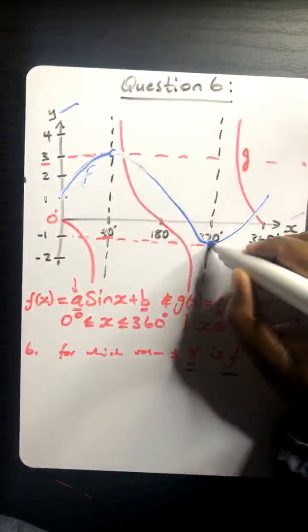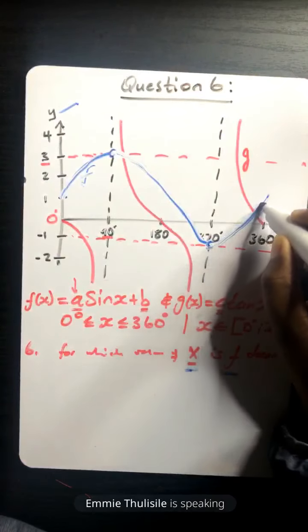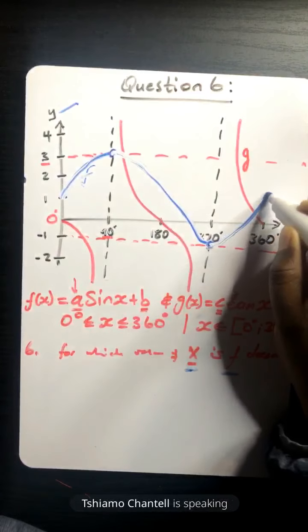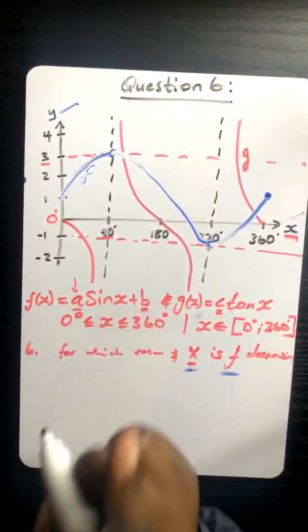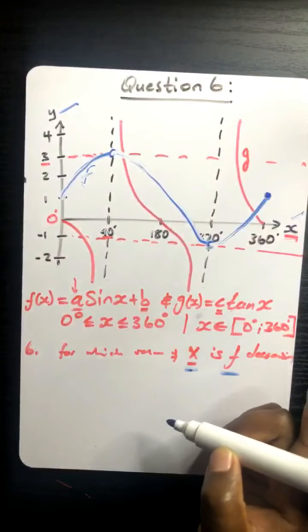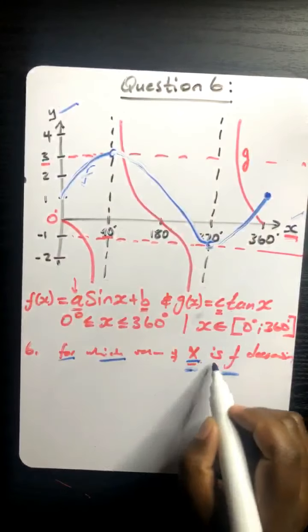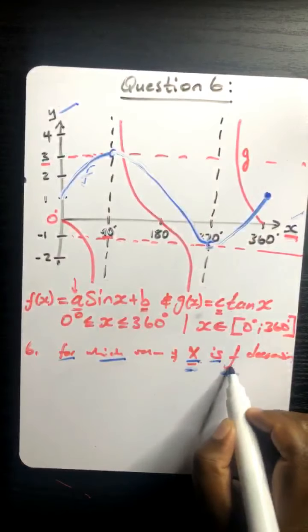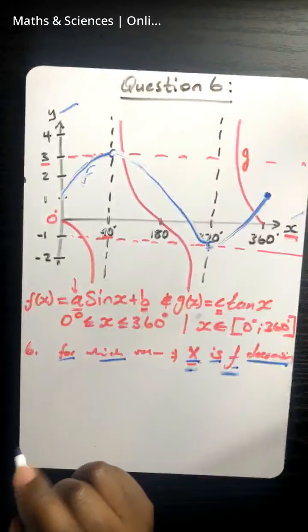Okay, so now let's continue. From there to there, what is it doing? Increasing. So the question is, for which X values is F decreasing? You did mention decreasing somewhere there.